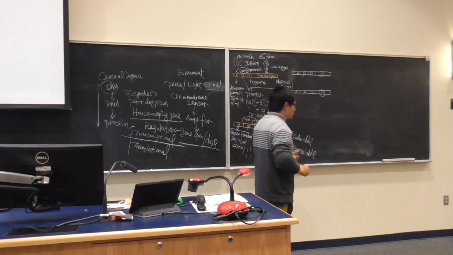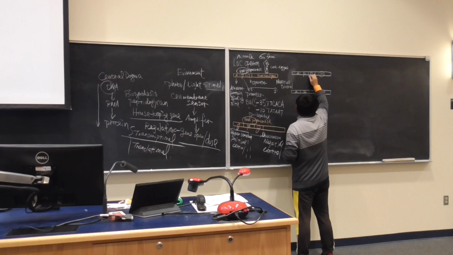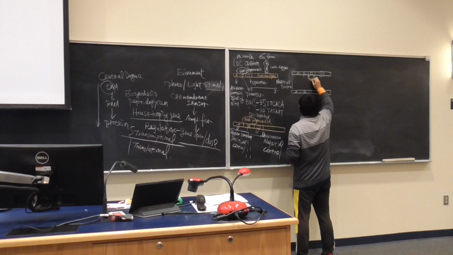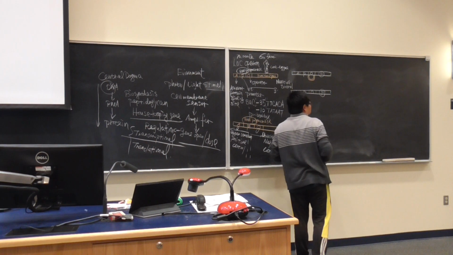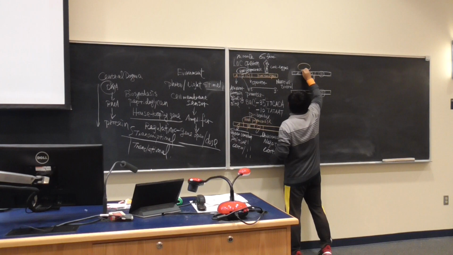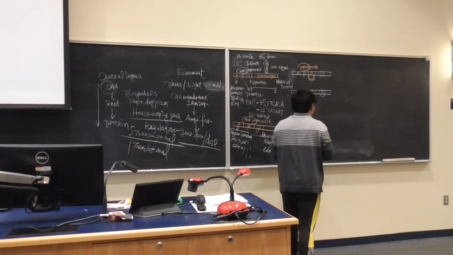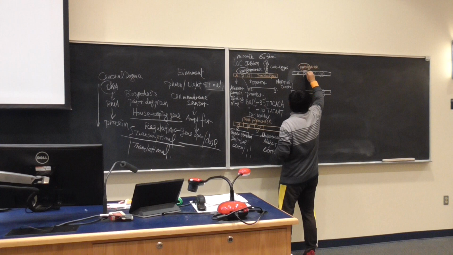Negative control, the first example: if there is some inhibitor attached to the O position, then what happens? The RNA polymerase will not attach to the P, so transcription will not happen at the beginning.